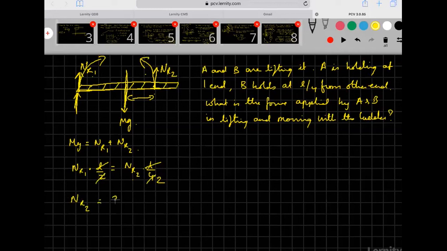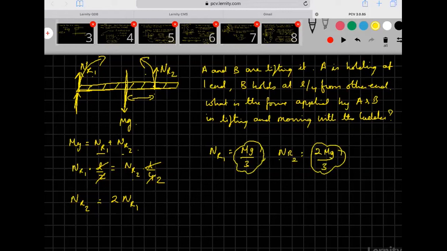So NR2 is equal to 2 times NR1. Now if I substitute here, I will get NR1 is equal to mg by 3 and NR2 is equal to 2 mg by 3. So the forces applied are mg by 3 and 2 mg by 3.